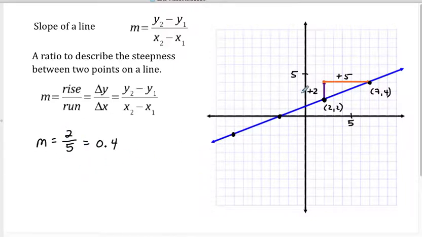Now the interesting thing is if I chose two other points on this line, like let's say I chose these first 2 points. I'm just going to mark some of these points in here. That's -8, -2 is that point, and this point is -3, comma 0.